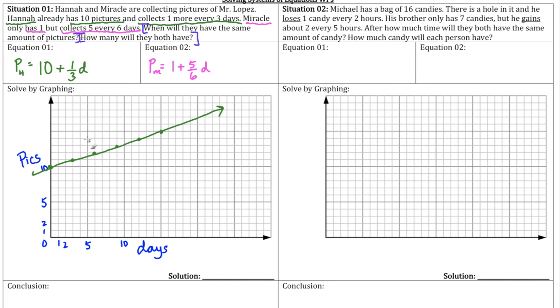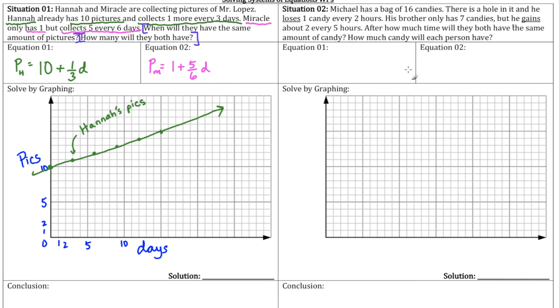We'll find out. So this is Hannah's pics. And I could probably draw that a little better. It looks just like a bunch of Dumbo. Hannah's pictures. Pics. Okay.